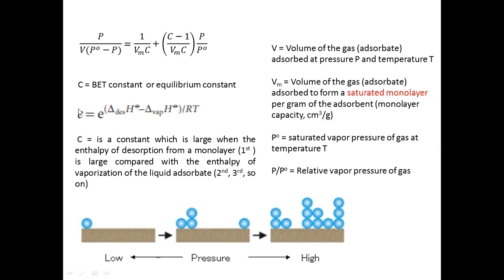So how is it equal to the thermodynamic parameter? This is the exponent of delta H of desorption and delta H of evaporation. Or simply you can say this is the change in enthalpy of desorption and change in enthalpy of vaporization. So this is just the difference between these two enthalpies divided by RT. And in chemical kinetics, you have learned the Arrhenius equation.